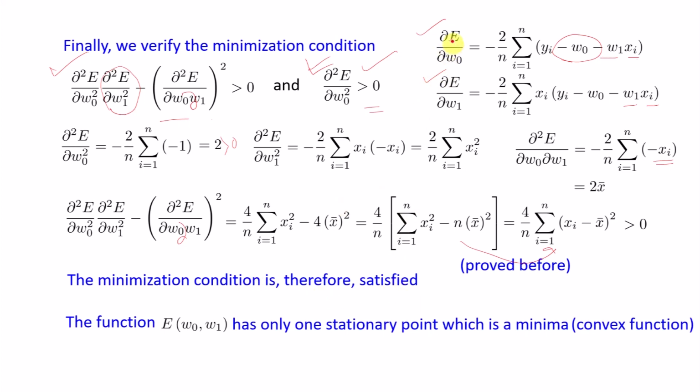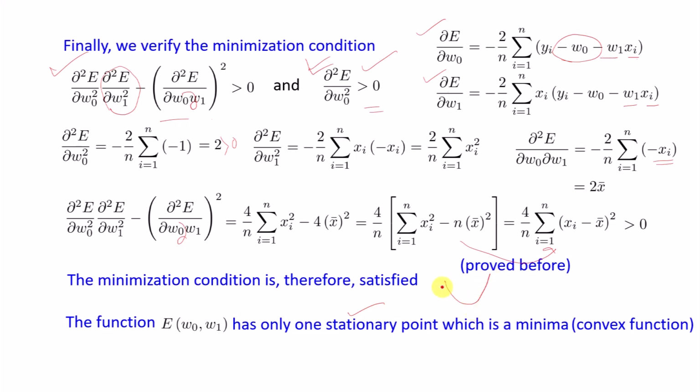And we have seen that when this gradient is 0, we are getting a unique solution of W0 and W1. So there is only one point where this gradient is 0, and definitely at that point the minimization condition is satisfied. So it tells us that this function has only one zero gradient point or stationary point, and that point is the minima, which tells us that this function is a convex function.